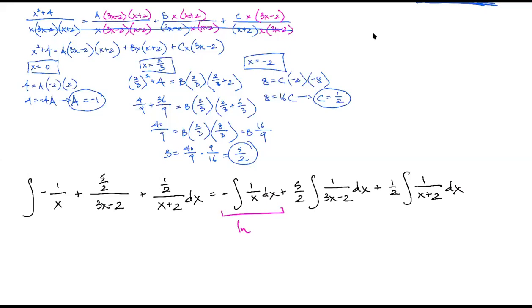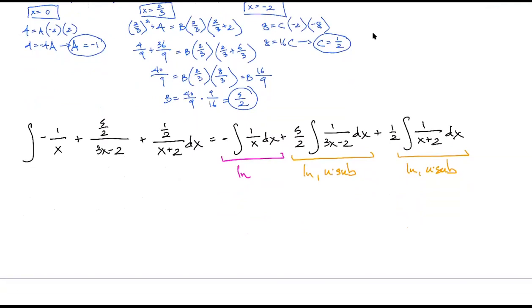Now, when I look at the second fraction, 1/(3x minus 2), I know I'm going to get a natural log, but I also am going to need to use U substitution. And last but not least, this is going to be a natural log, but I'm also going to need to use U substitution.